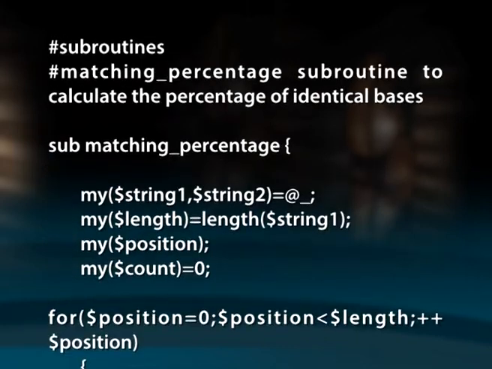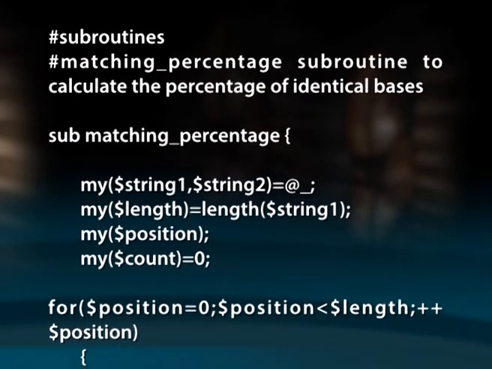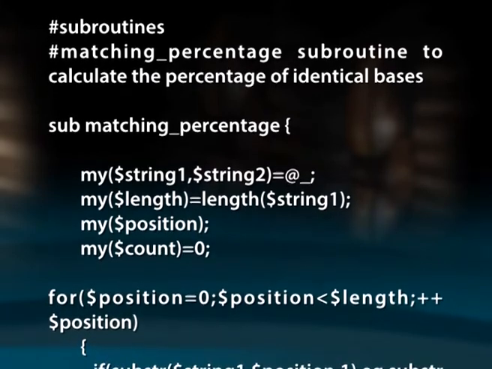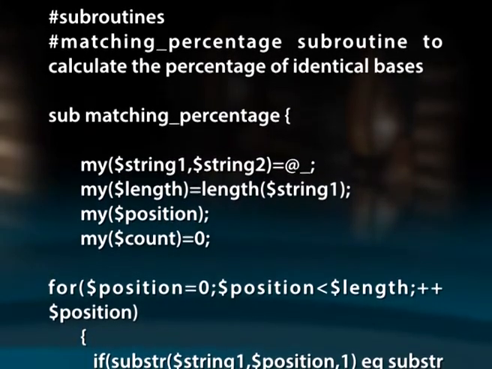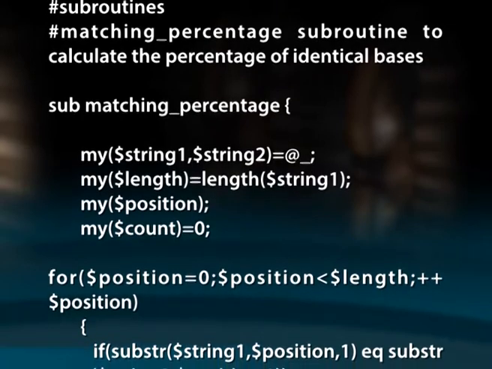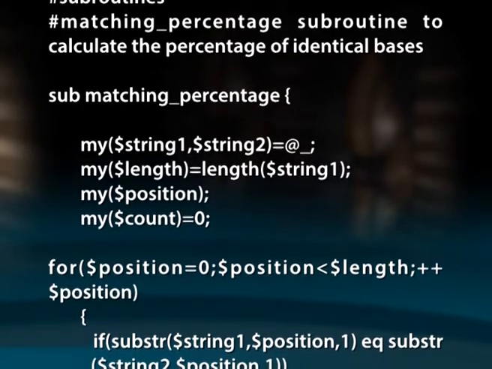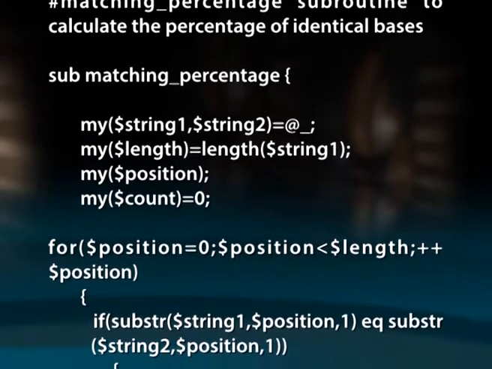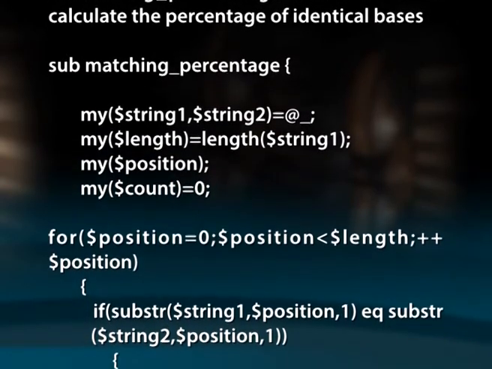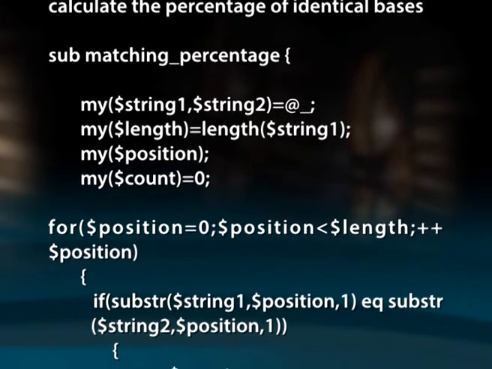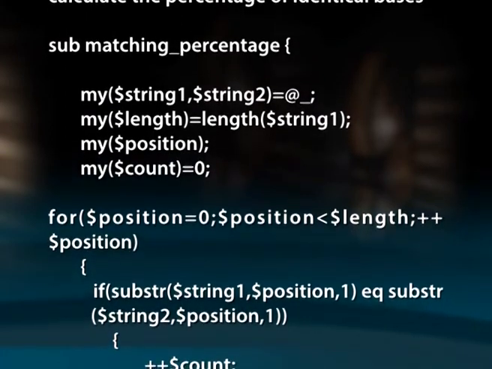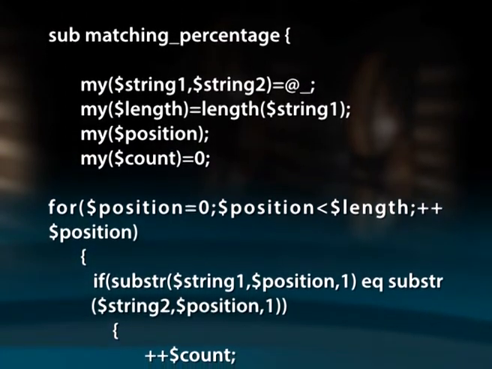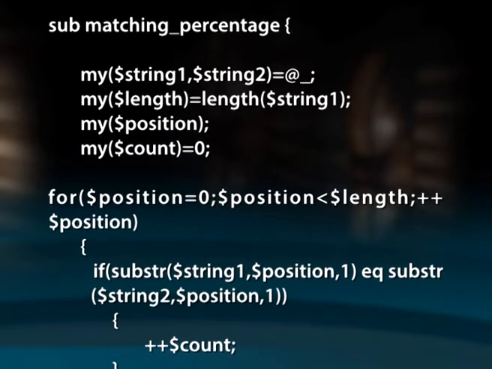Exit. The subroutines used are matching_percentage, a subroutine to calculate the percentage of identical bases. Sub matching_percentage: my $string1 and $string2 are initialized from the array. My $length equals length of $string1. My $position, my $count is initialized with value 0.